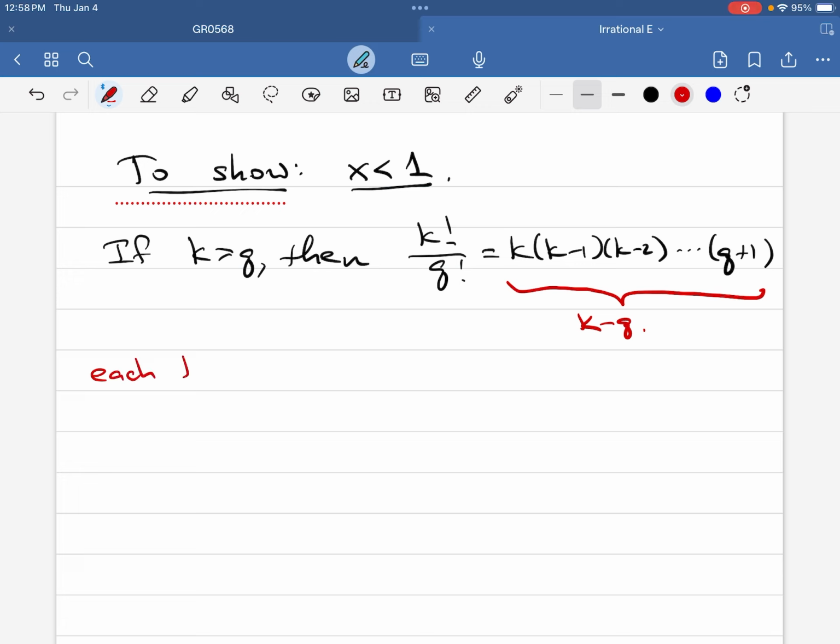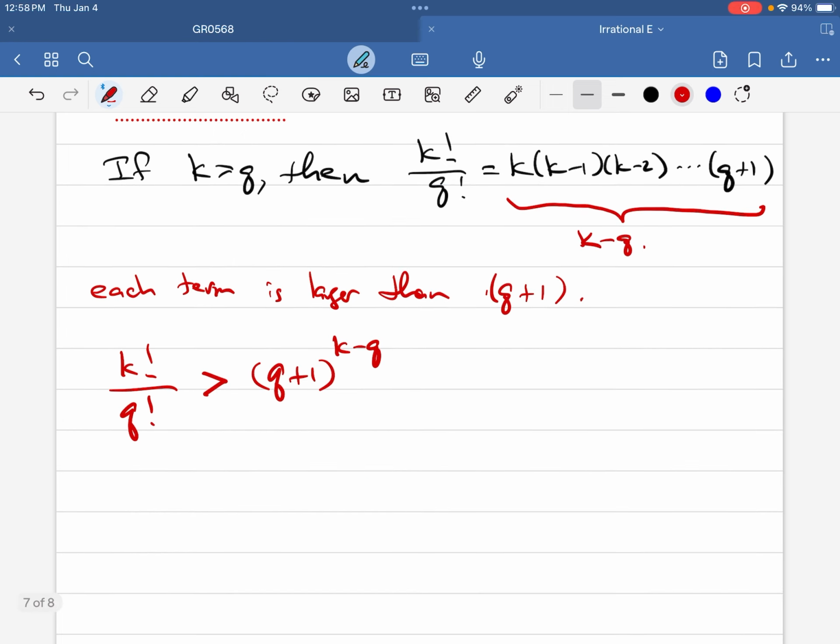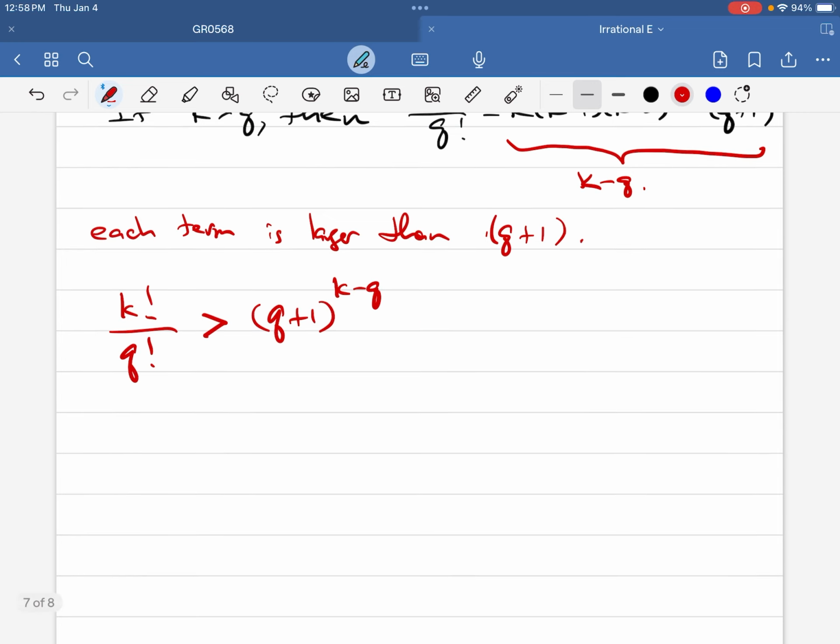Notice that each term is larger than the smallest one, which is q plus 1. Therefore, k factorial over q factorial is greater than q plus 1 to the k minus q, right? Because if we just replace all of these terms by q plus 1, it gets smaller, strictly smaller. Conversely, just take the reciprocal of this expression to get an upper bound for q factorial over k factorial.